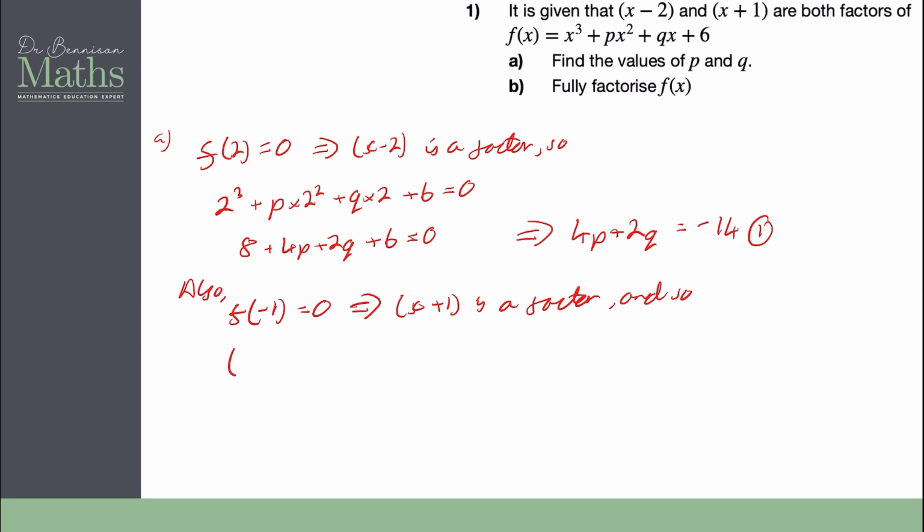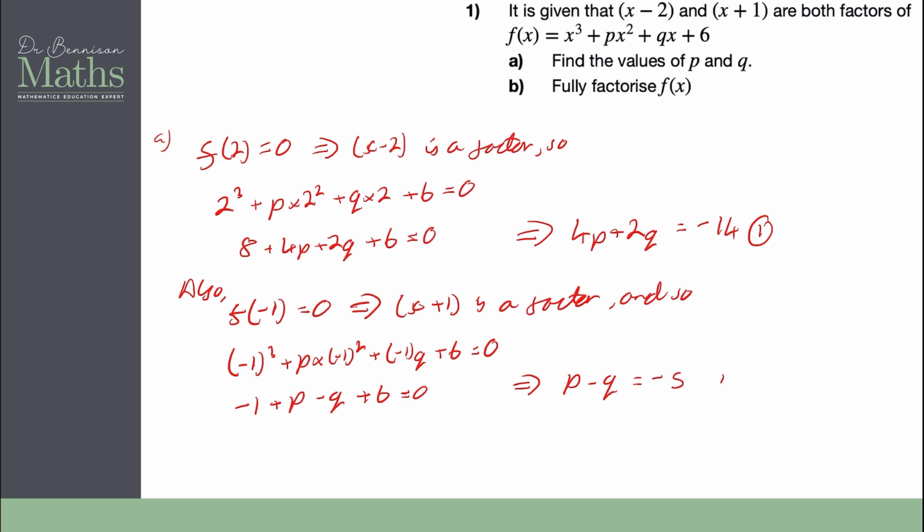So minus 1 cubed plus p times negative 1 squared plus negative 1 times q plus 6 equaling 0. So we've got minus 1 plus p minus q plus 6 equaling 0. So therefore p minus q is equal to negative 5, and that's my second equation.